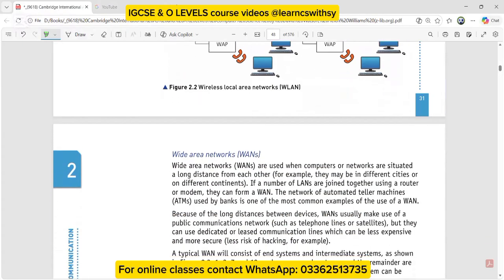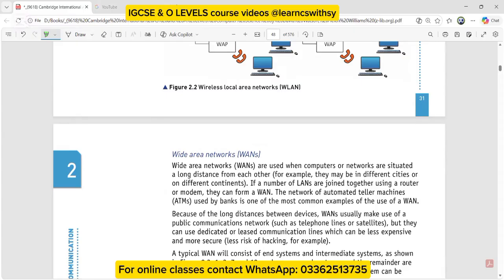Next is the wide area network, and as the name implies, wide area networks are used when computers are situated at a long distance from each other. When it is spread over a large geographic area, then we talk about WANs.